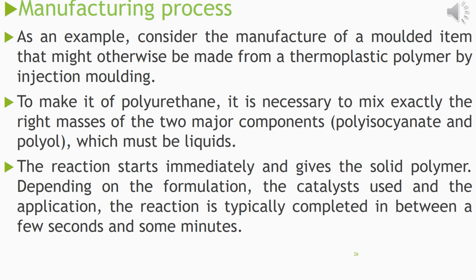The reaction starts immediately and gives the solid polymer, and depending on the formulation, the catalyst used and the application, the reaction is typically completed in between a few seconds and some minutes. So this is just like the manufacturing of a molded item.